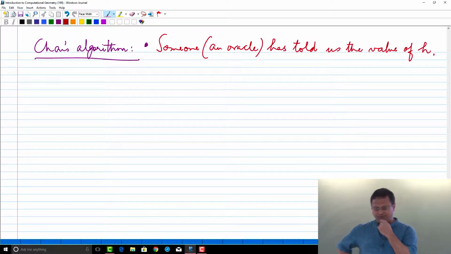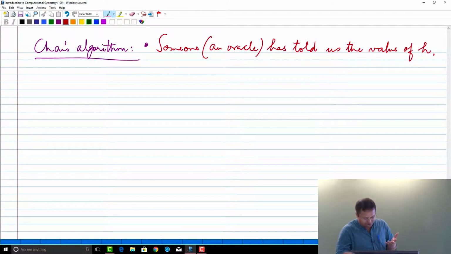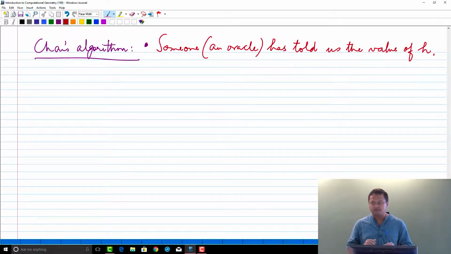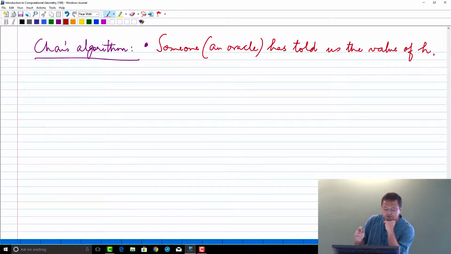Fine. Now, if someone has told us the value of h, can we do something to get the convex hull in n log h time? Fine. So, the idea is as follows.